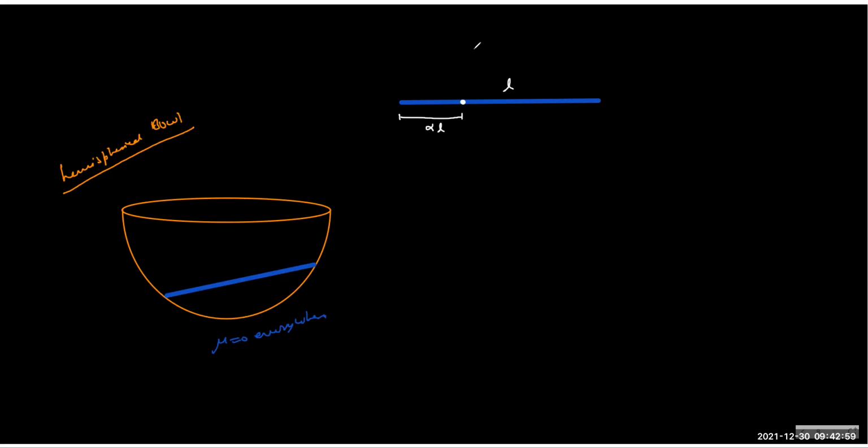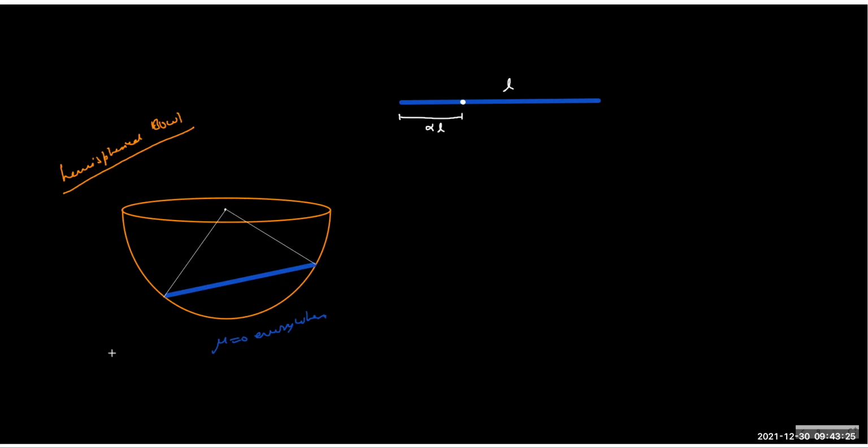So now try to understand why it is the case. For that matter, we'll need to do the FBD. Let me first mark the center of the ball because that's important to understand the FBD. And we all know the normal on a hemisphere will pass through the center because of the property of a circle. So join the end to the center, then only you can draw the FBD.